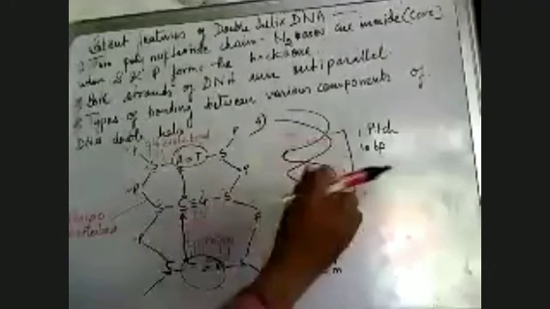This one pitch is about 3.4 nm, or we can also say 34 angstrom, or we can also say 3.4 into 10 raised to power minus 9 meters. This is one pitch.